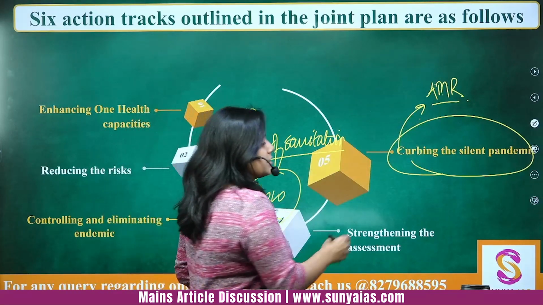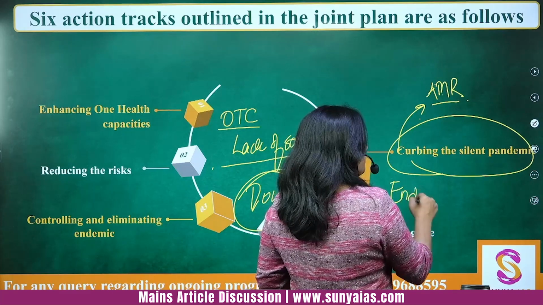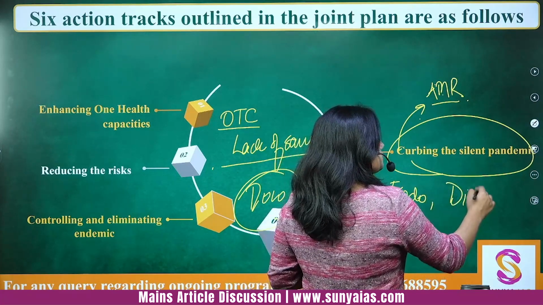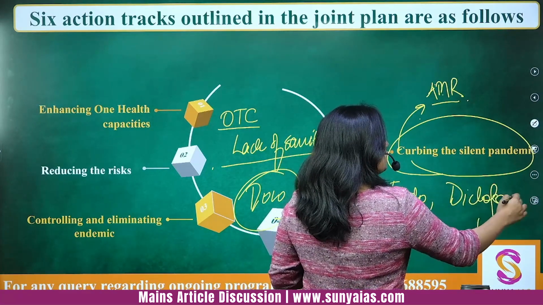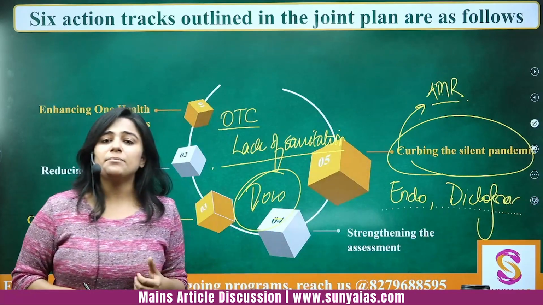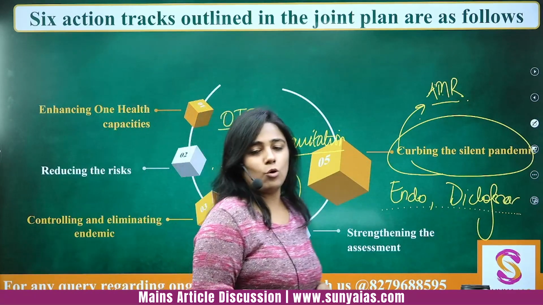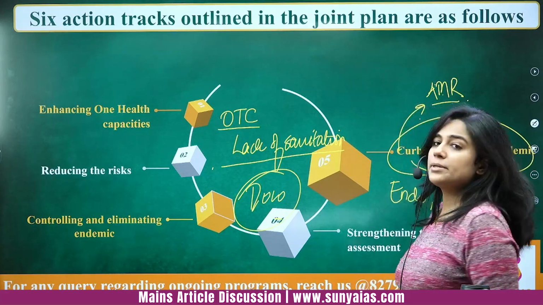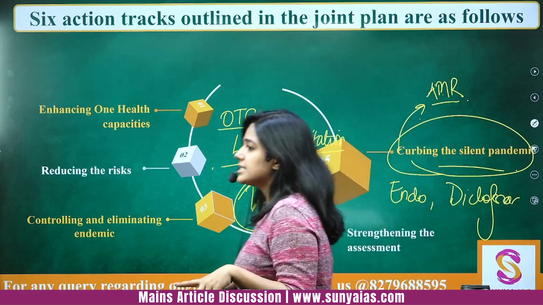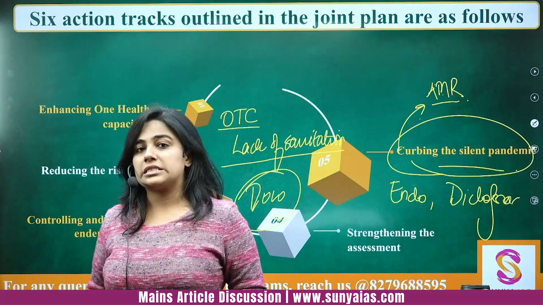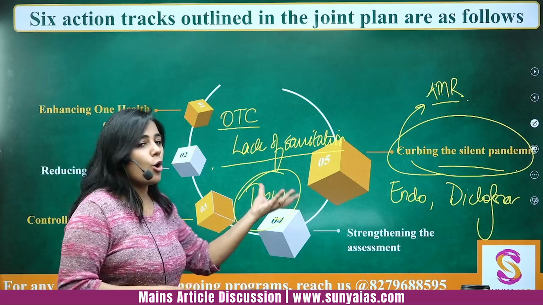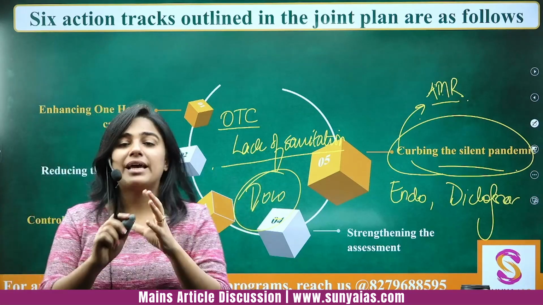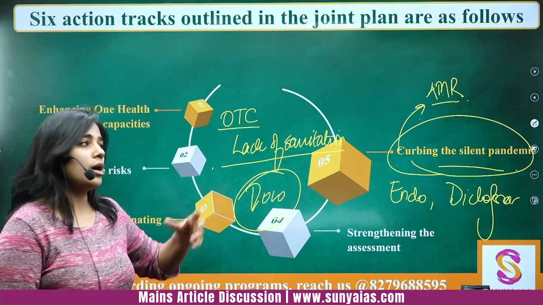That is why endosulfan, diclofenac, these have been banned, because they develop antimicrobial resistance overall in the vultures as well. Okay, so this is the silent pandemic. Along with the disease X, the antimicrobial resistance, which is caused by the human-animal conflict, is also a target.